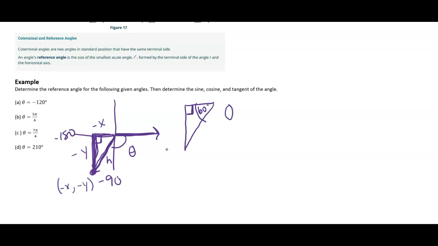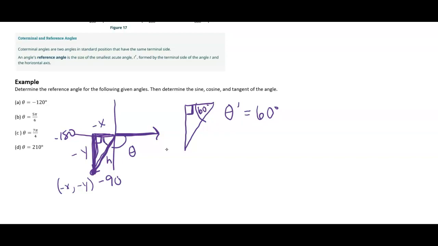So my theta prime, is what we call that, is 60 degrees. Now I found that because if I were to transfer from negative 120 all the way to negative 180, that piece right there would be 60 degrees. So I'm just going to remap it there.